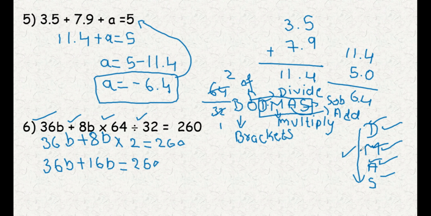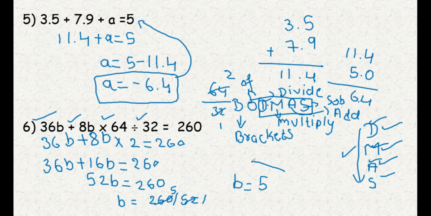Now the only thing left is addition. 36b plus 16b is, I think, 52b. It's 52b. b is equals to 260 by 52. 52 fives are 260. Then the b value is 5. If you want, you may substitute this b value here. You will get the exact or correct answer.